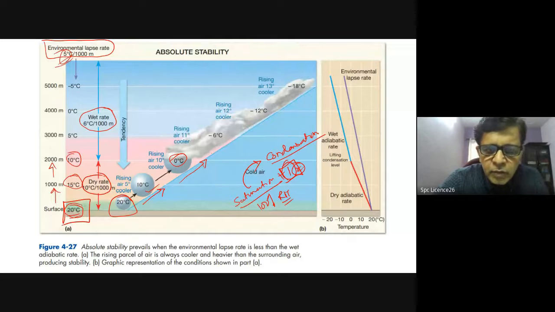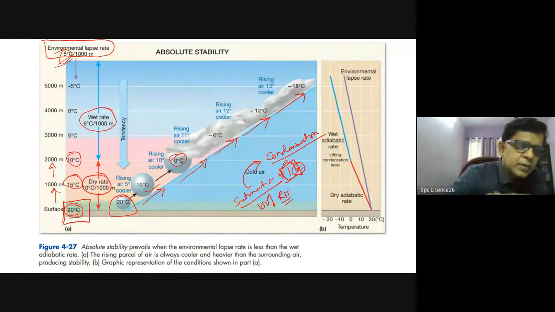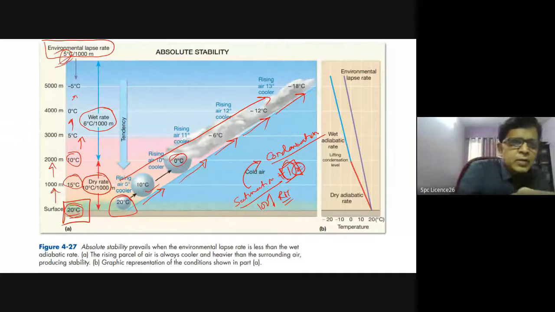So from 0, it will go to minus 6. From minus 6, it will go to minus 12. From minus 12, it is going to go to minus 18. All this happened with the air going up here. The general air around is still falling at around 5 degrees only. So let us start at 5 kilometers. What is the scenario?